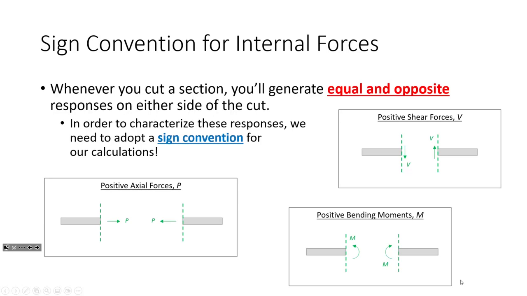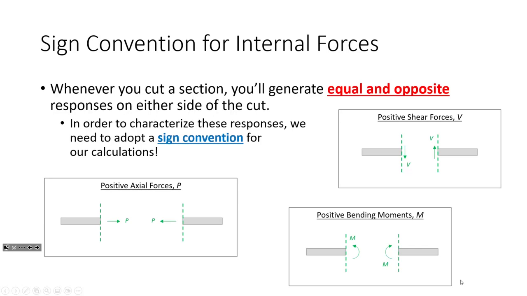This isn't going to matter a whole lot right now. When we get into shear and moment diagrams, it's going to matter a lot. For trusses, the only thing that's really important is that we're going to consider axial forces that cause tension to be positive. But, and I want to say this carefully, being super rigorous with this sign convention is not the most important thing in the world when you do a truss analysis.